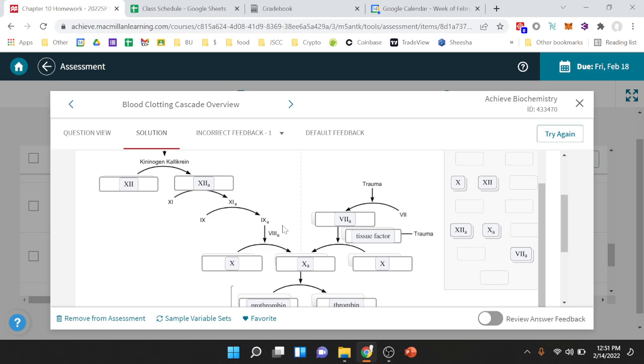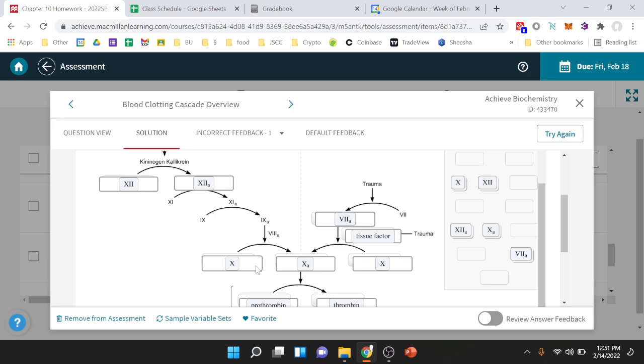I told you, you just got to sort of memorize these things, right? Okay. This is going to work to activate 8. Okay. So now we have 9 and 8 working together, and they're going to activate 10.